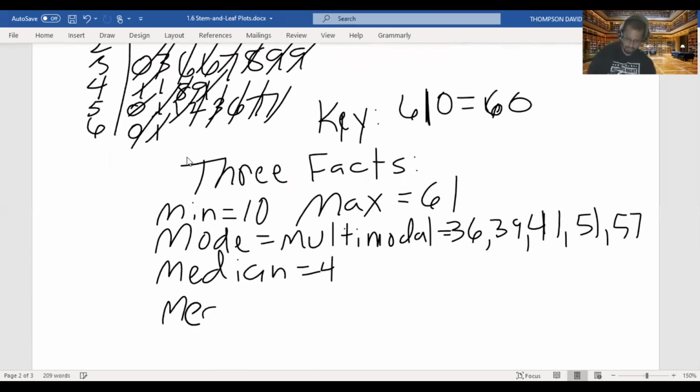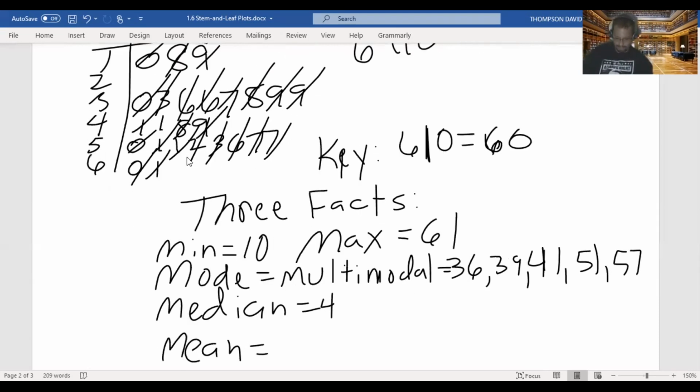And last, we're going to find our mean. We'll add all of our numbers together, and we're going to divide by the total number of numbers. So we're going to do 10 plus 18 plus 19 plus 30 plus 33 plus 36 plus 36 plus 37 plus 38 plus 39 plus 39 plus 41 plus 41 plus 48 plus 49.